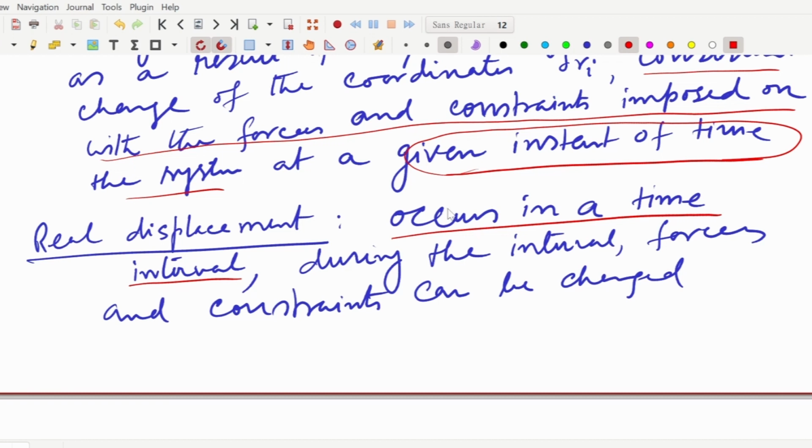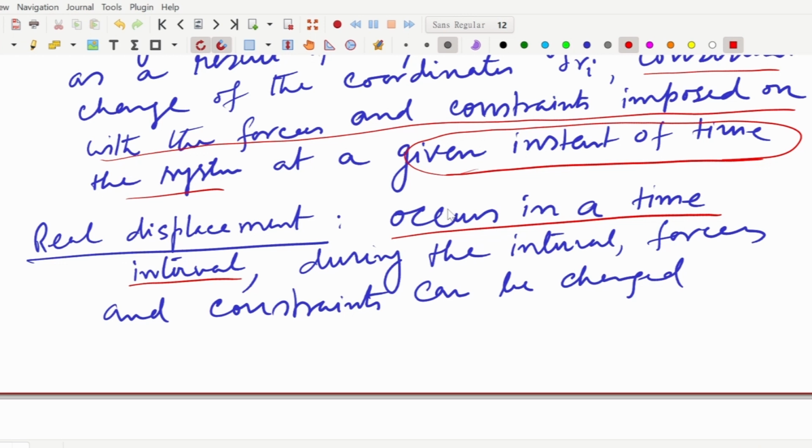So by virtual, which is not real, we consider that this displacement occurs in no time, instantaneously. So virtual displacement occurs with no time, it happens instantaneously. This is the difference with the real. And the main idea is that there is no time for the force in the system to evolve in case of virtual displacement, because we don't know the forces a priori.